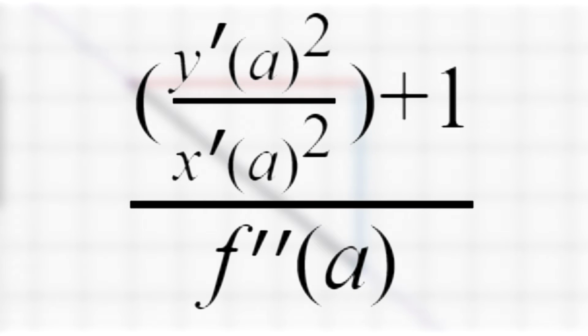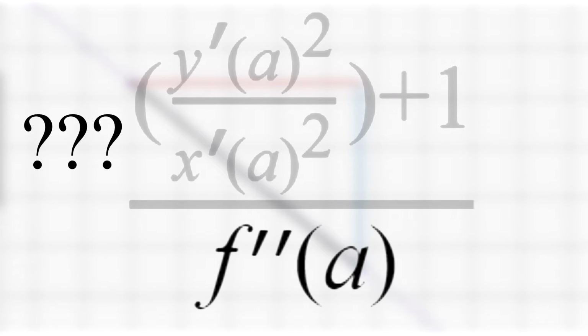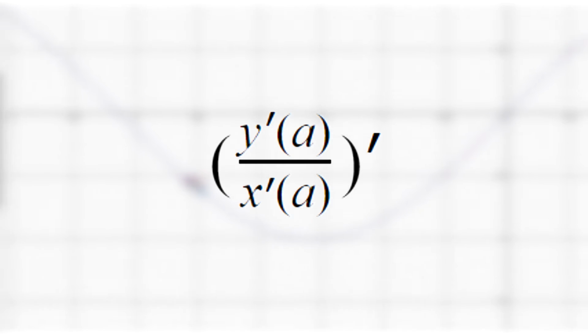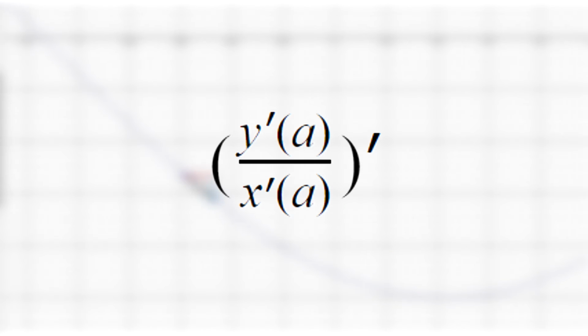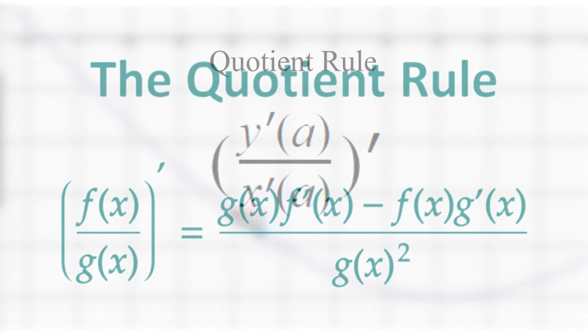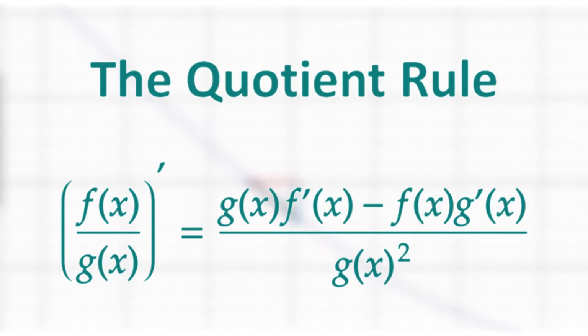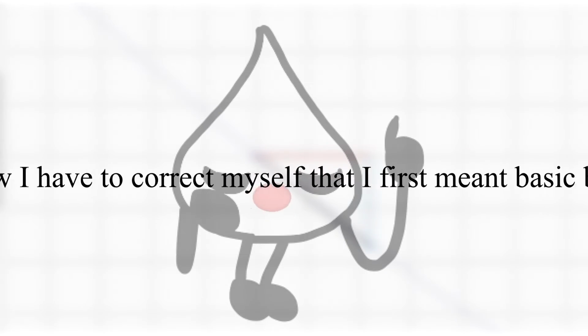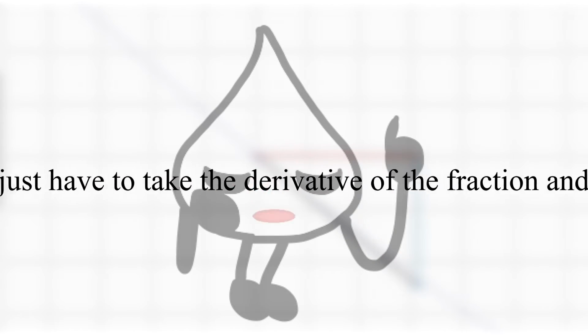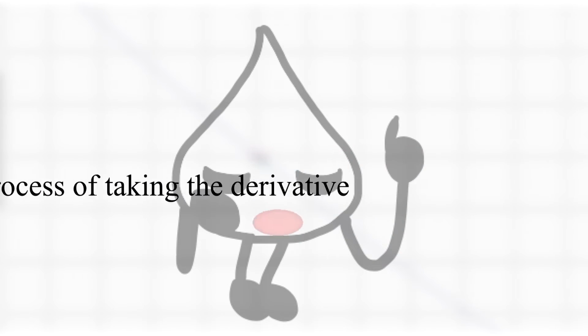But what about the second derivative? It's actually quite basic. You just take the derivative of this fraction with relative ease. Taking the derivative of a fraction requires quotient rule. And quotient rule is actually not basic. And now I have to correct myself: I first meant basic by the idea that you just have to take the derivative of the function, and that I didn't mean the process of taking the derivative.